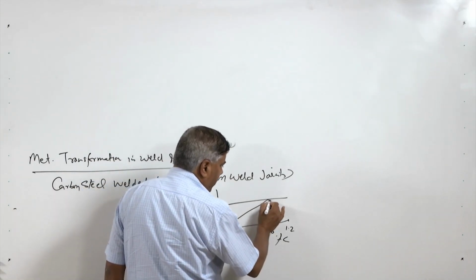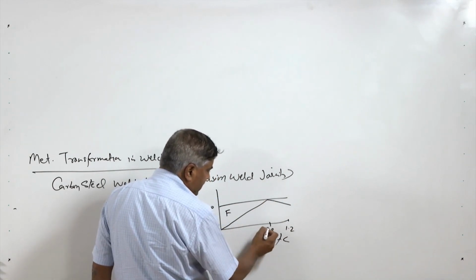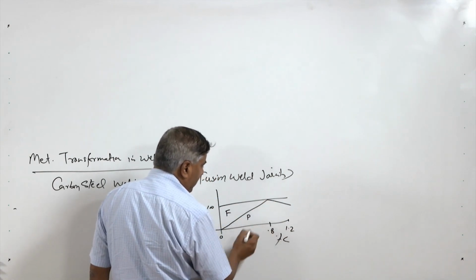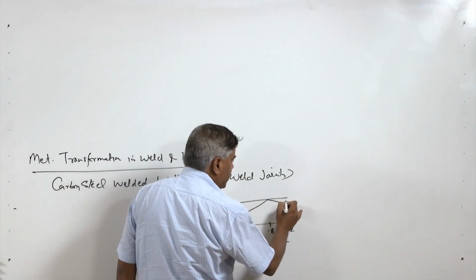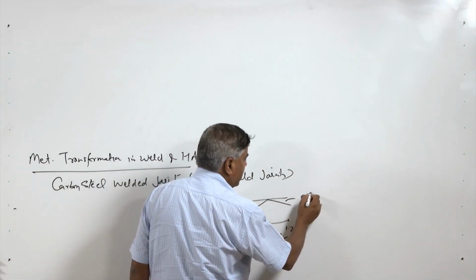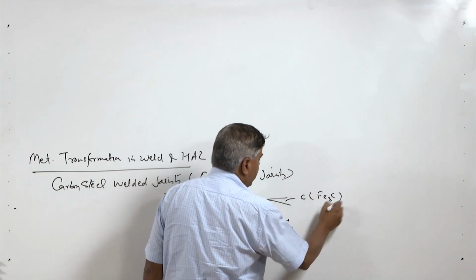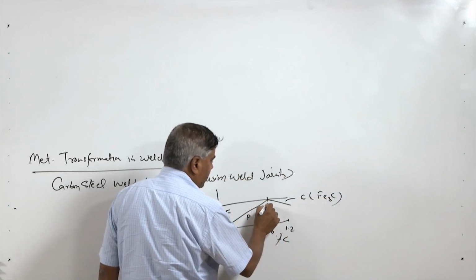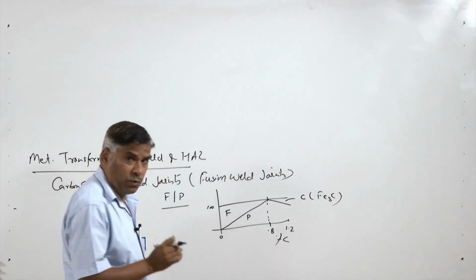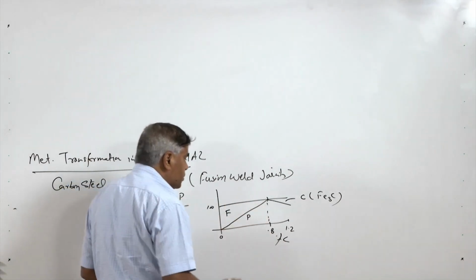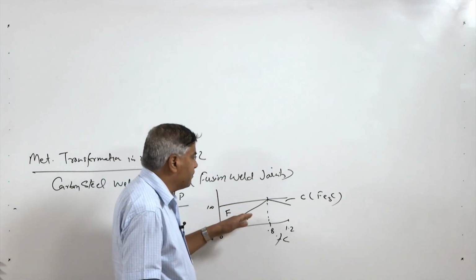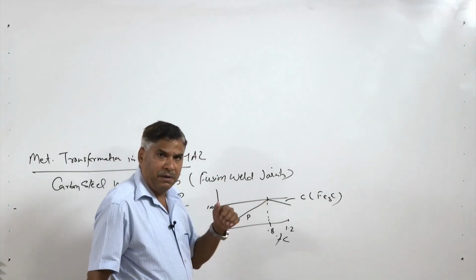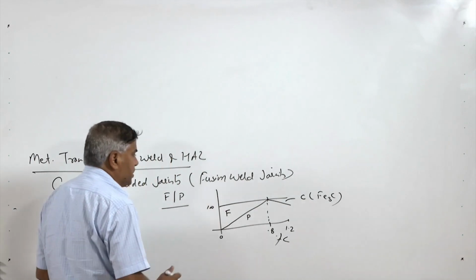With the increase in carbon content, our pearlite content keeps on increasing, and beyond this we start to see the cementite, which is Fe3C, appearing beyond the eutectoid point of 0.8 percent. So, this change in the fraction of the ferrite and pearlite with the increase in carbon content is attributed to the changing properties.